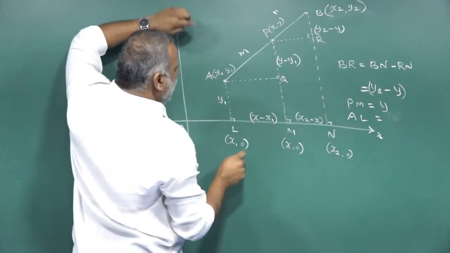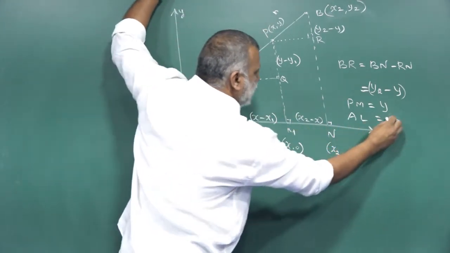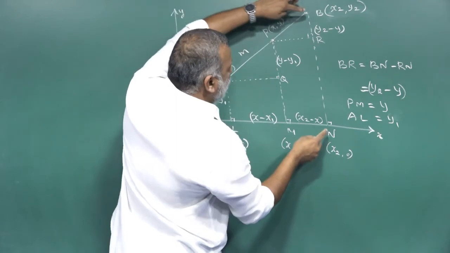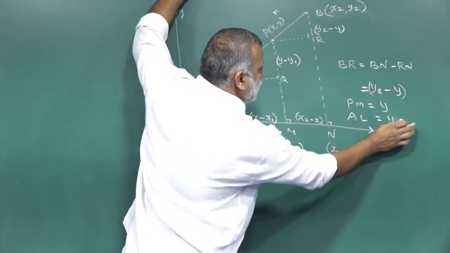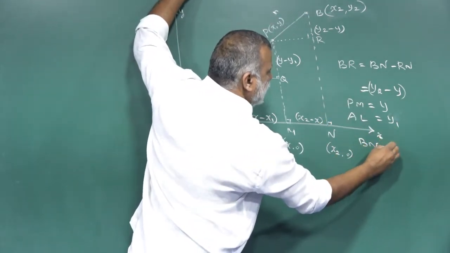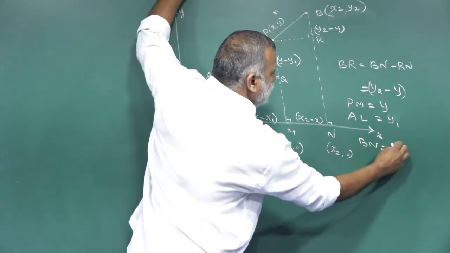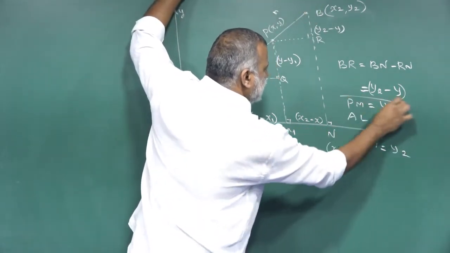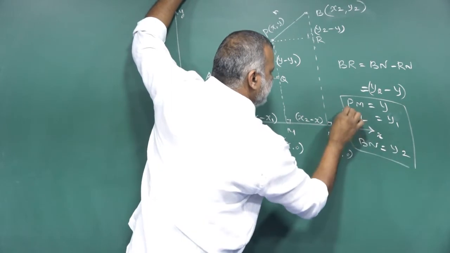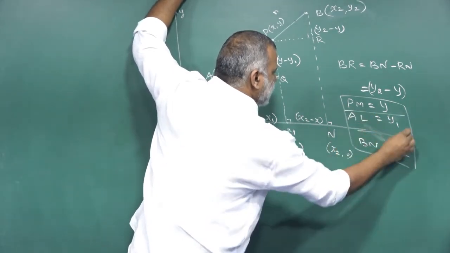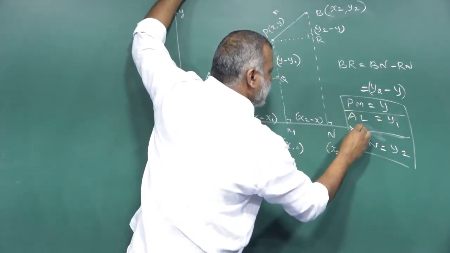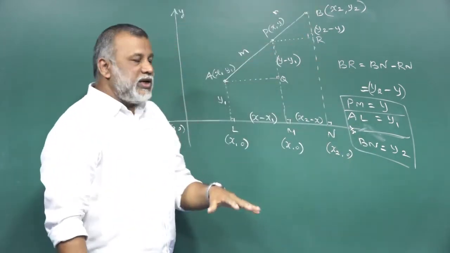PM is y. Then what is the value of AL? That is y1. Then what is the value of BN? Already we wrote it. BN equal to the maximum value y2. Like this you can take the distances from these diagrams. So these are the explanations.